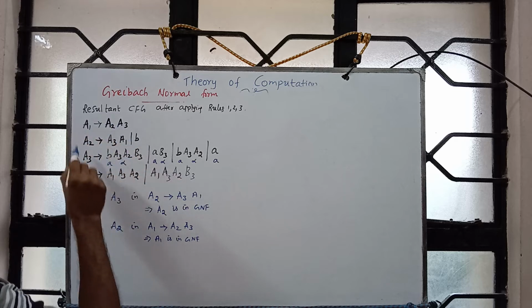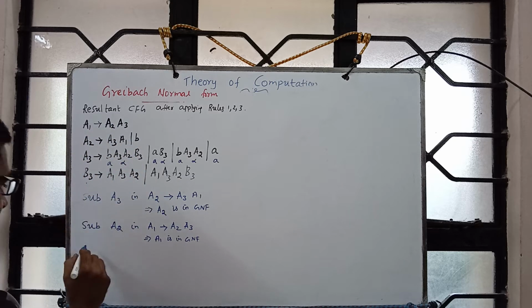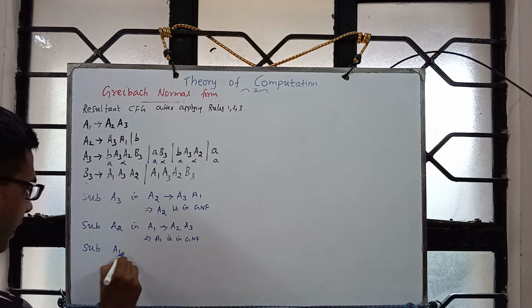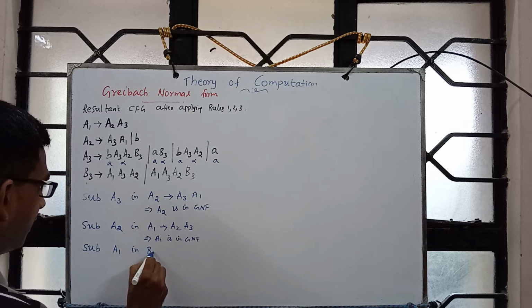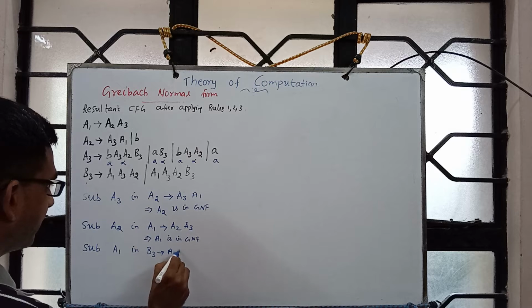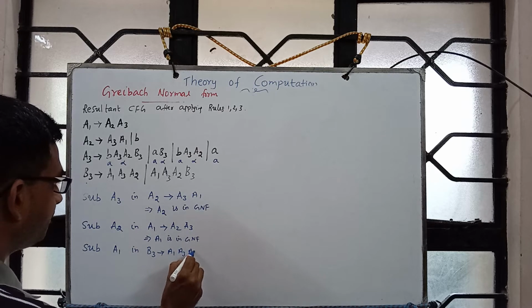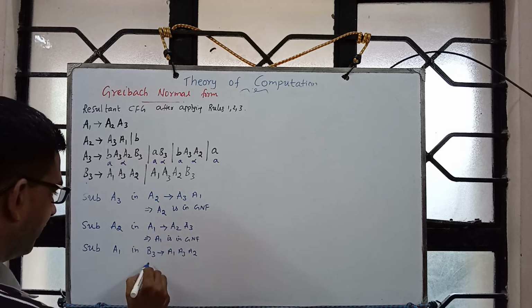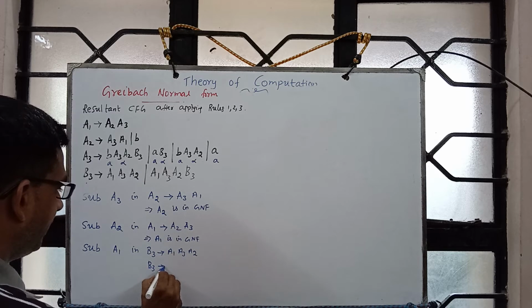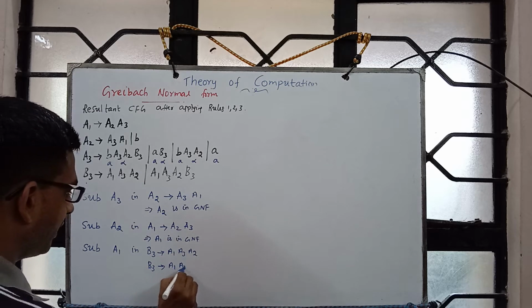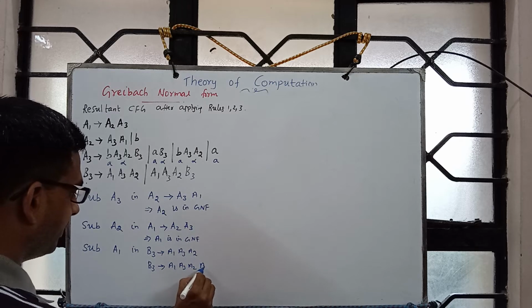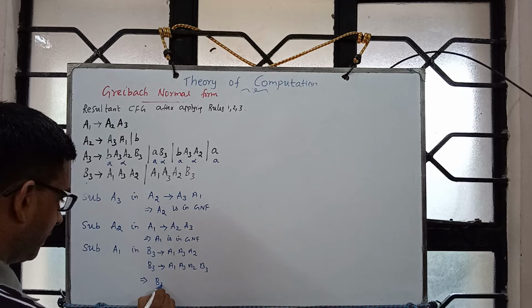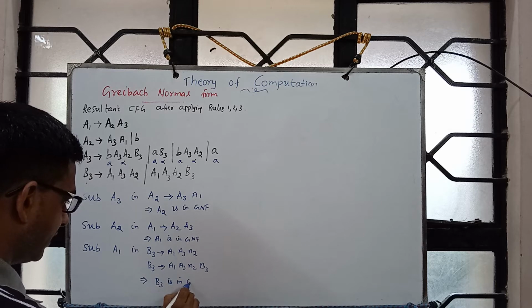Now at the end of applying all this, go to B3, substitute A1 in B3 implies A1 A3 A2 as well as A1 A3 A2 B3. This will give us that B3 is in GNF.